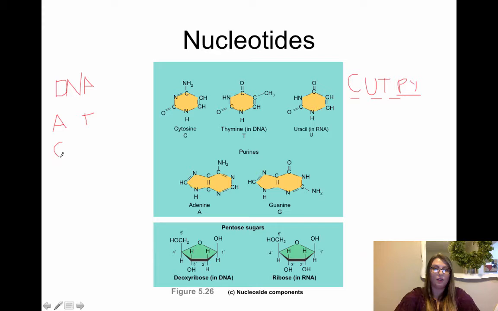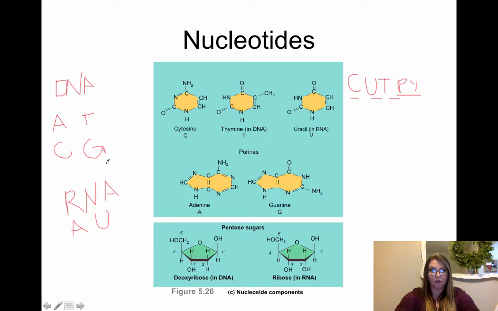And then we have cytosine pairing with guanine. Now in our RNA, our thymine is replaced by uracil. So in RNA, our adenine is going to bond with uracil, and then our cytosine will still go with its complementary base of guanine.